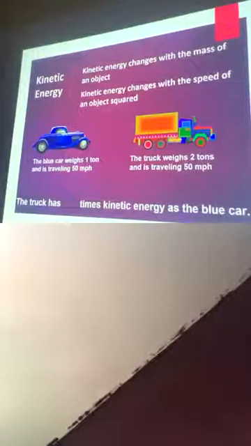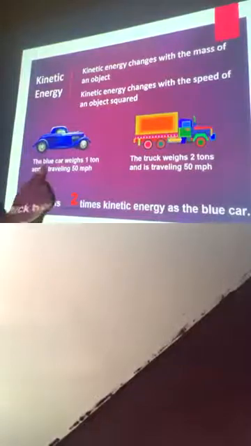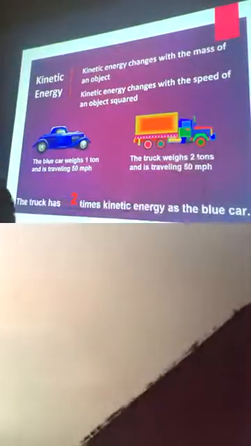Okay, so take a look here. You have to pay attention to the numbers. So the truck has 2 times kinetic energy. Because listen, this blue car weighs 1 ton. The truck weighs 2 tons.